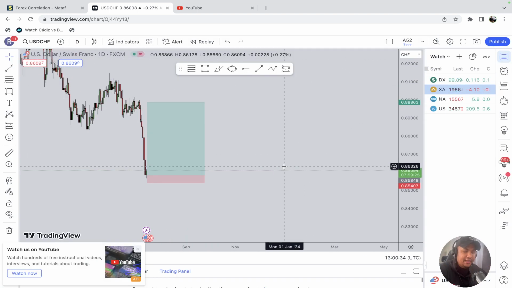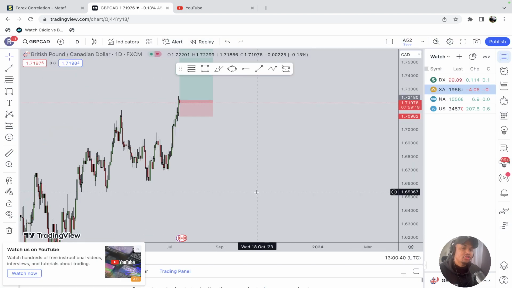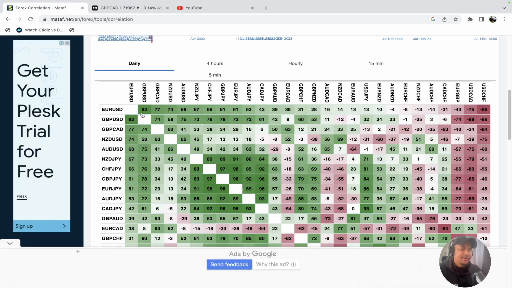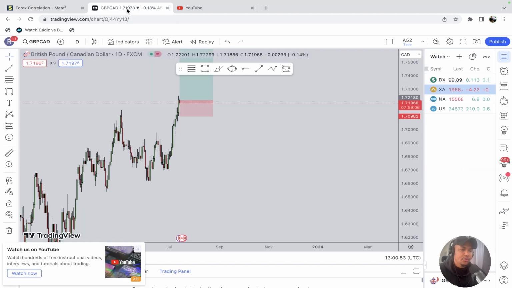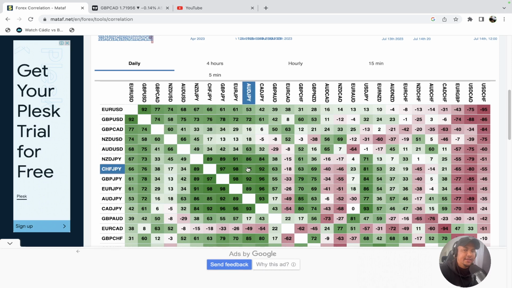So now he says buy USD CHF, and he says buy GBP CAD. Now unfortunately you cannot do these two at the same time. You can't buy USD CHF and GBP CAD at the same time. So for that reason, you have to tell yourself, okay, maybe this is a good way to lose and then to win. But at the end of the day, you cannot, because why?